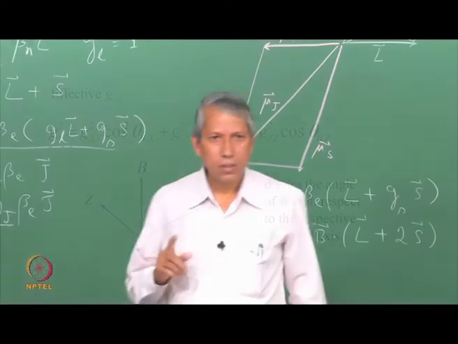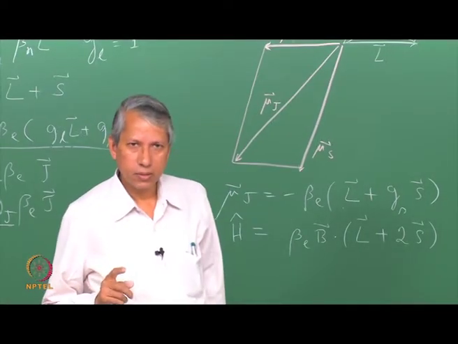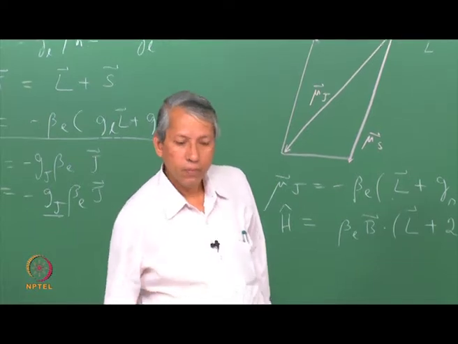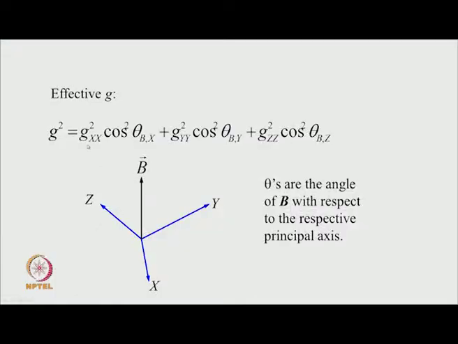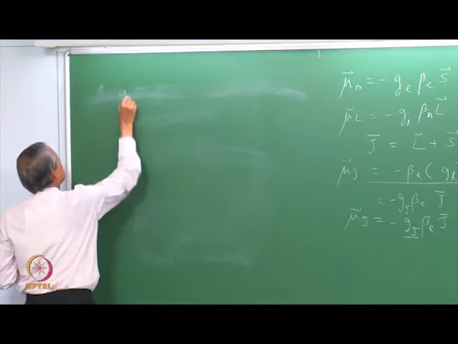This shows that the interaction depends on direction, and depending upon the values of Gxx, Gyy and Gzz, one can get a complicated spectrum. As the angle changes, the effective G value changes, therefore the spectrum will also change. Now, how different these three values are will tell us about the symmetry. So, we have got three principal components.